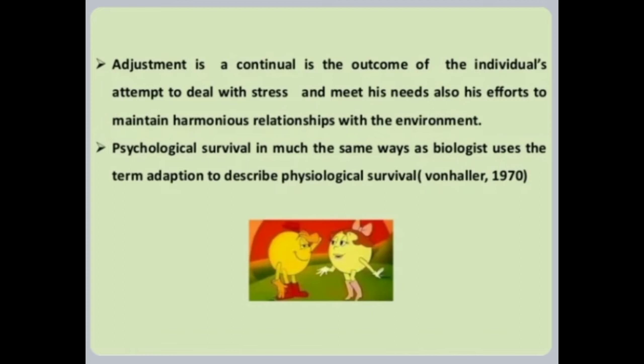Adjustment is a continual outcome of the individual's attempt to deal with stress and meet his needs, and also his effort to maintain harmonious relationship with the environment. This is also the psychological survival in much the same way as biologists use the term adaptation to describe physiological survival, according to Van Aller 1970.